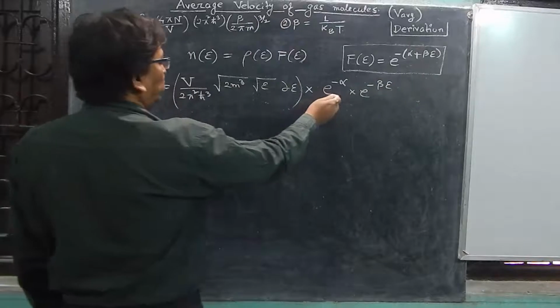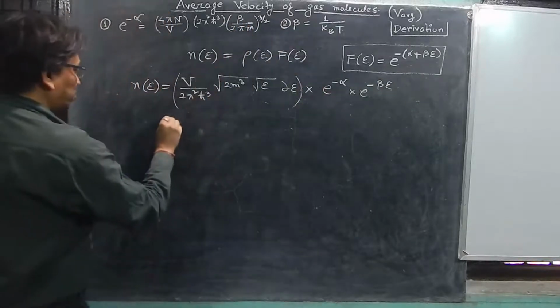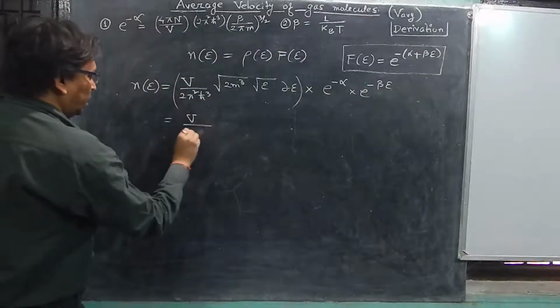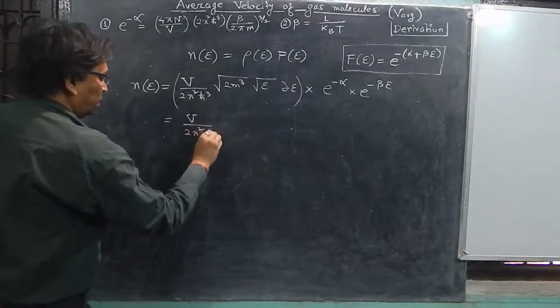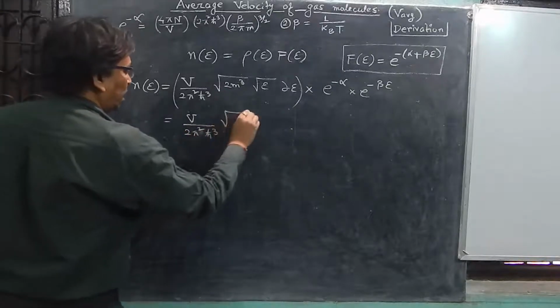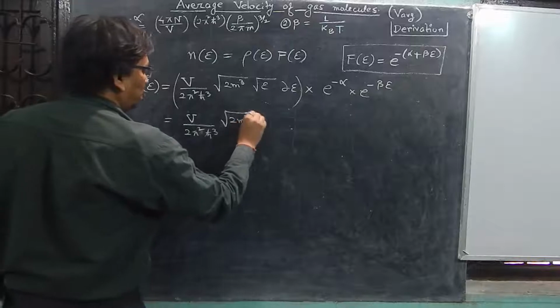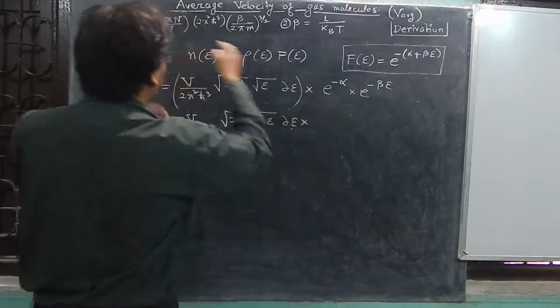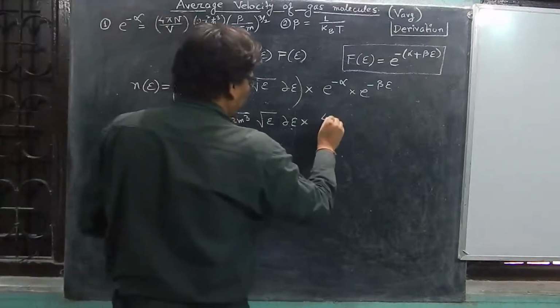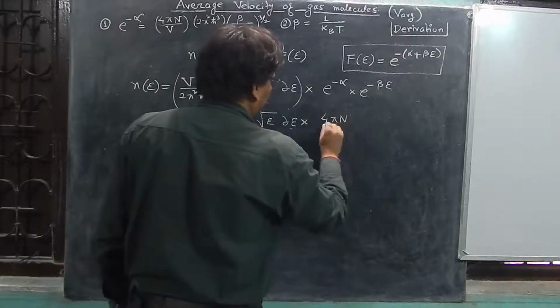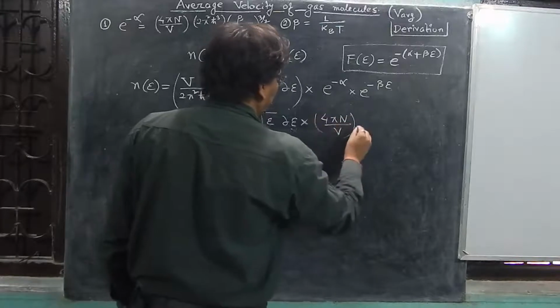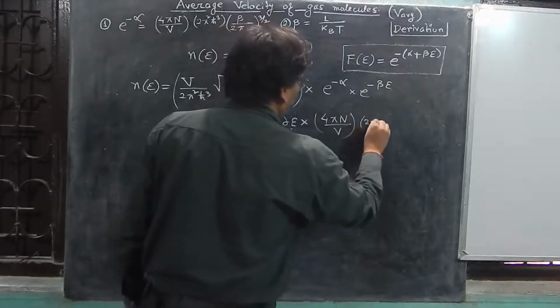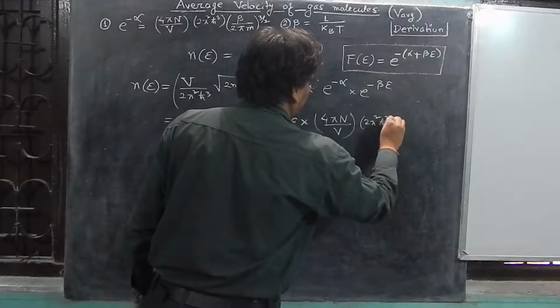Also you know the value of e to the power minus alpha, so here it is: V by 2 pi square h bar cube, 2m cube root under epsilon del epsilon, into e to the power minus alpha, which is 4 pi n by V, and this is 2 pi square h bar cube.